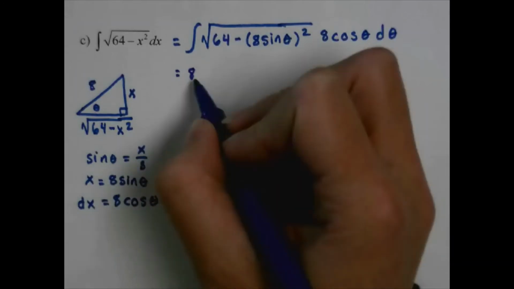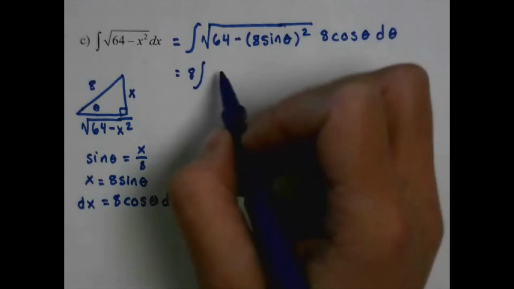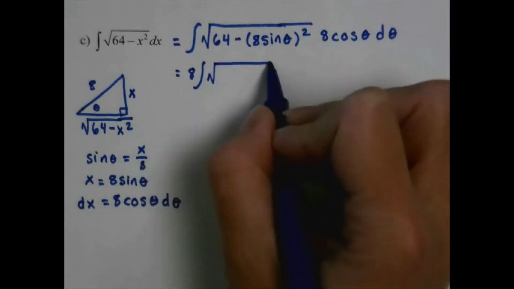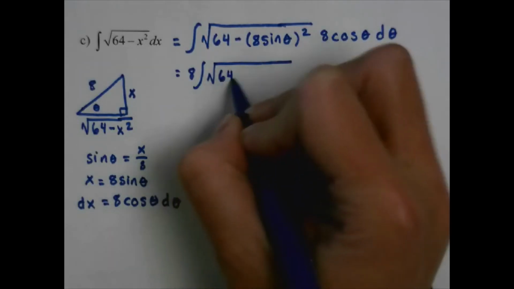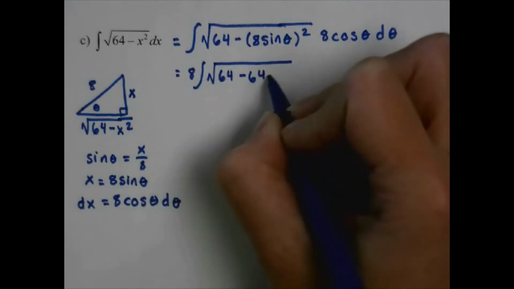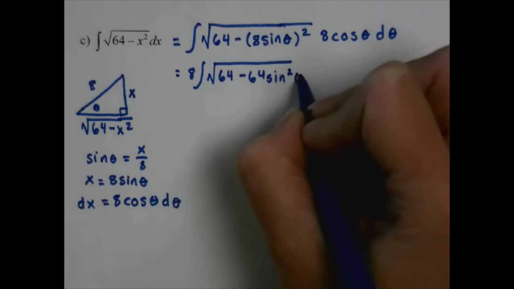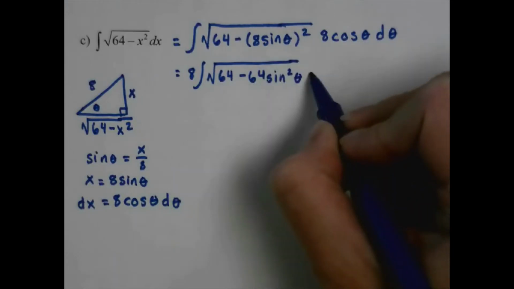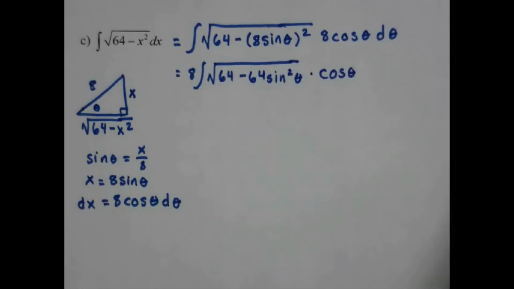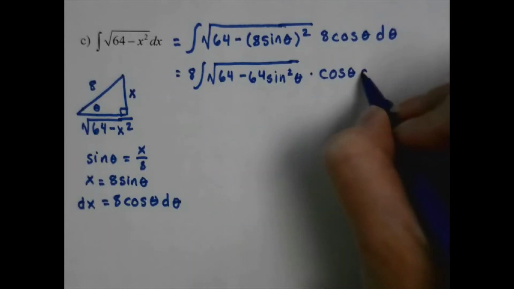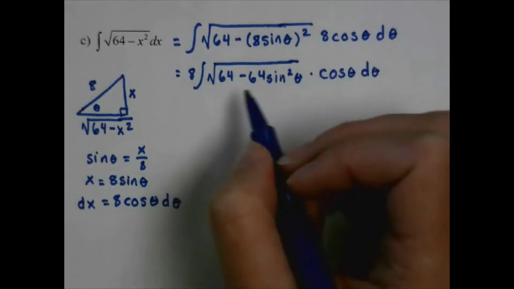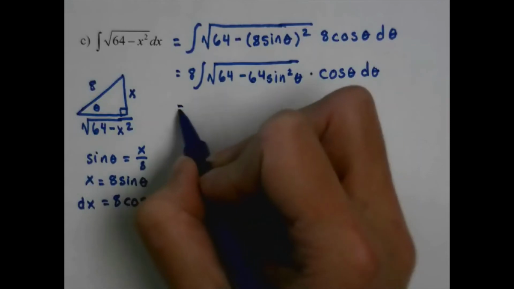Put this 8 out front. So this is going to be 64 minus 64 sine squared theta under the radical times cosine theta, not in the radical. I'm going to factor out the 64 here.